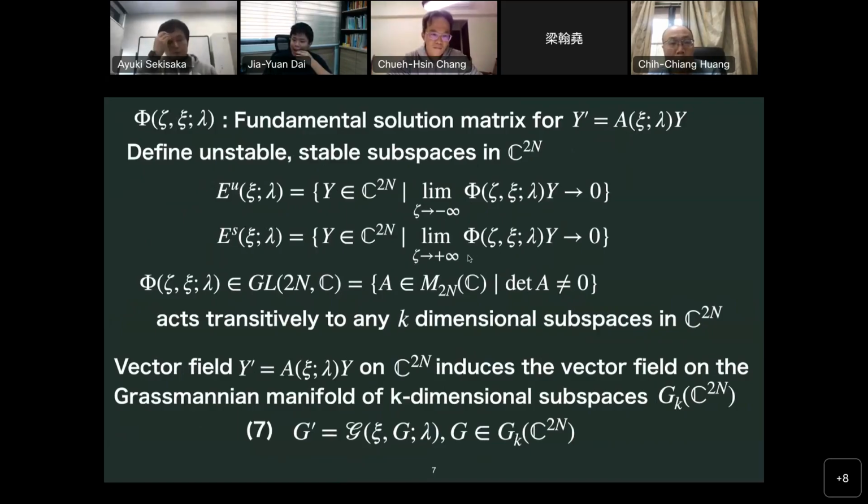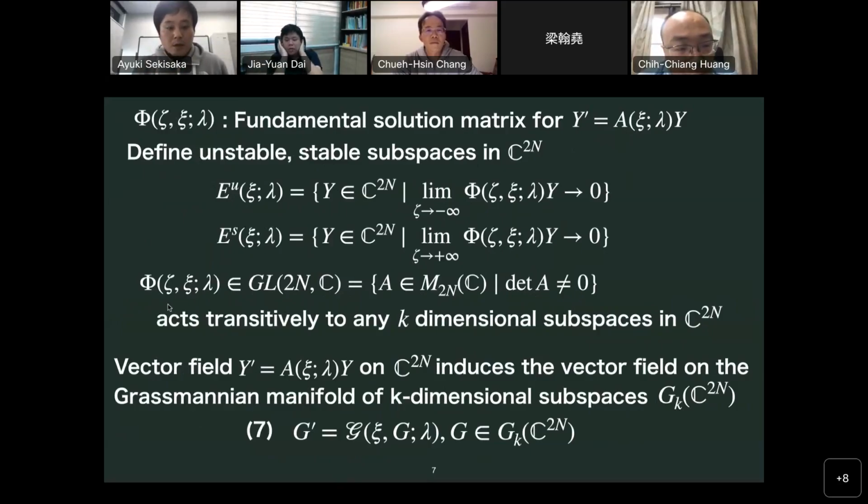Okay, so the fundamental solution matrix phi is in the general linear group, which means that the determinant of phi is not equal to 0, so the inverse of phi exists.